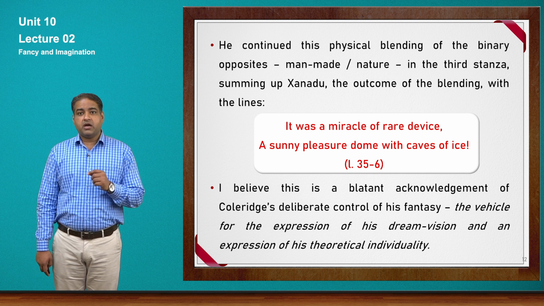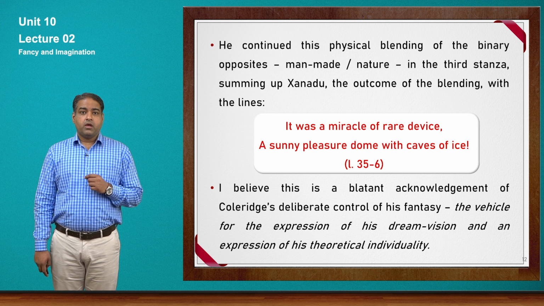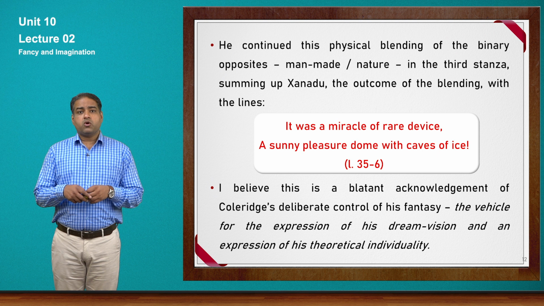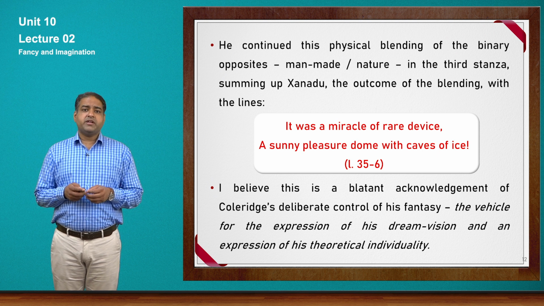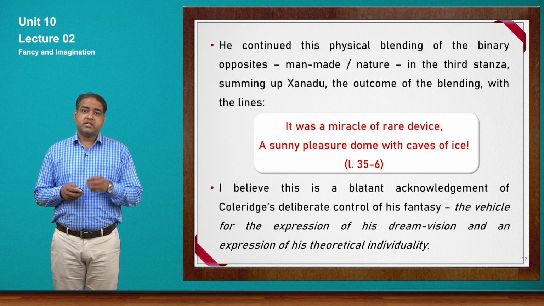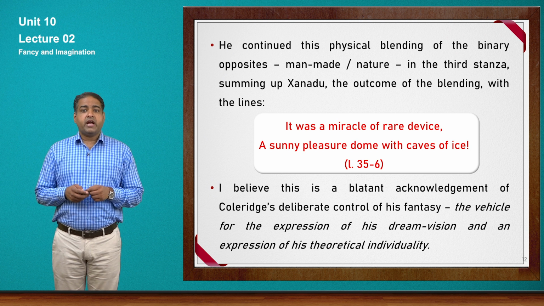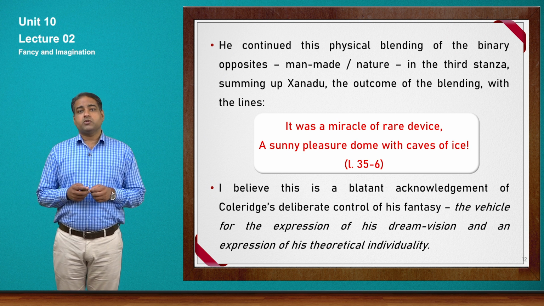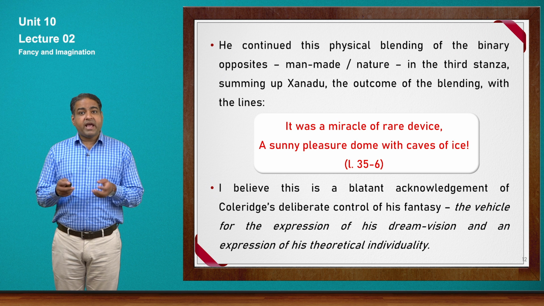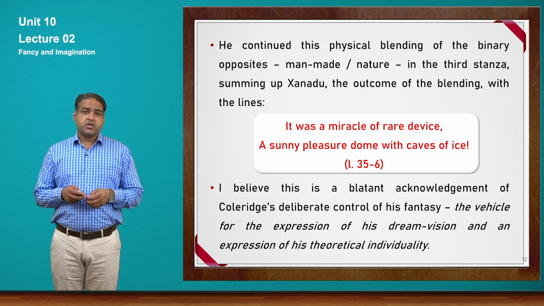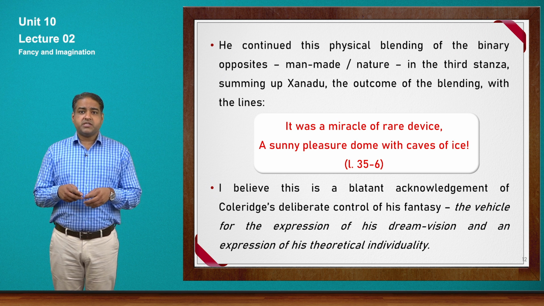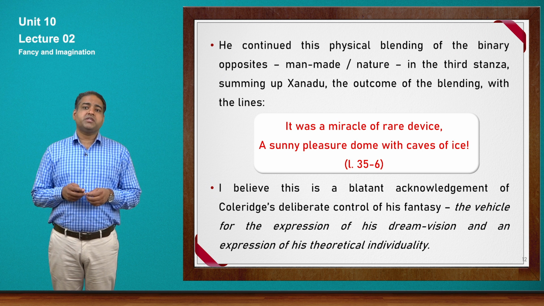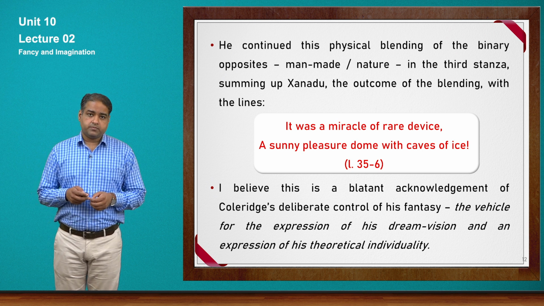The ice will melt. But the poet, with this kind of contradictory imagination, imagines that the sunny pleasure dome is there, and the caves of ice are also there. So, there is a miracle, it is a rare device. What is the device? The device is this pleasure dome which is being constructed by Kubla Khan.